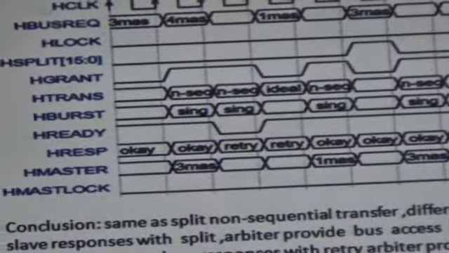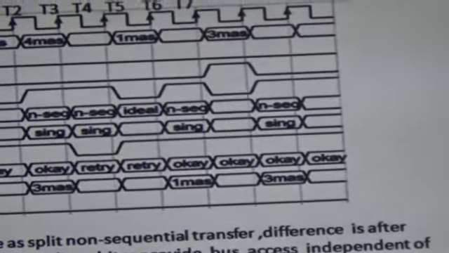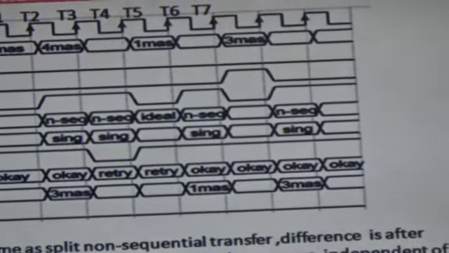Now the HSPLIT takes place. While the slave responds with retry, it stores the ID of the transaction, and when the HSPLIT takes place, it tells the arbiter to access the bus, and it stores IDx.